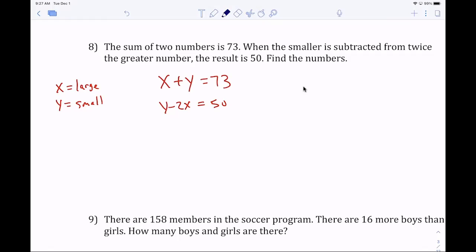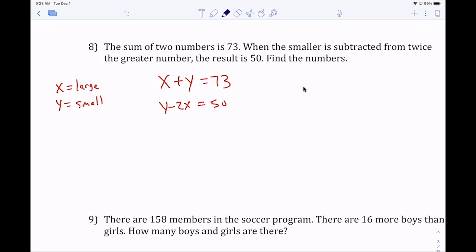When the smaller is subtracted from, are you starting at y or starting at 2x? You see what I'm saying, right? And again, that's not anything I can do. I can't tell you that's the answer. You have to do that in your reading. You have to understand if I'm subtracting the smaller from something, it's minus that number.